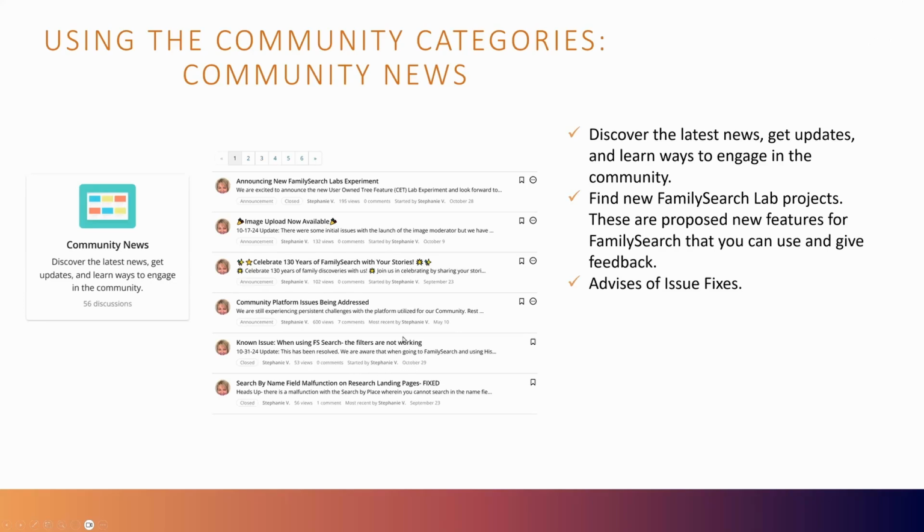As of October 29th, some of the filters weren't working. This has been resolved. So this tells you when things are fixed, and it tells you when things are malfunctioning. That's kind of nice. I use that in case something happens and I'm like, what is wrong? Is this an issue? And if it's not been addressed already, then you can actually tell them about it.